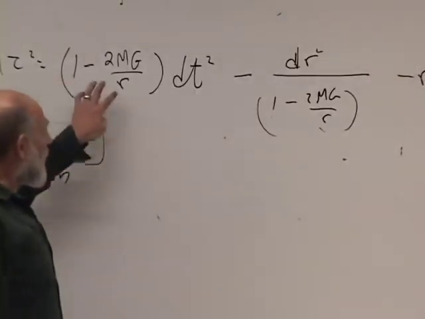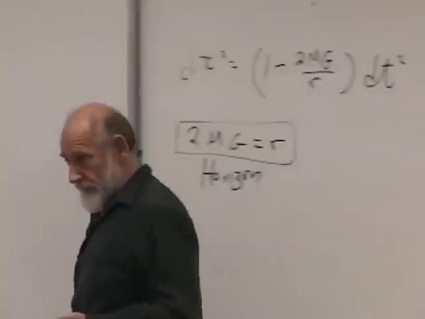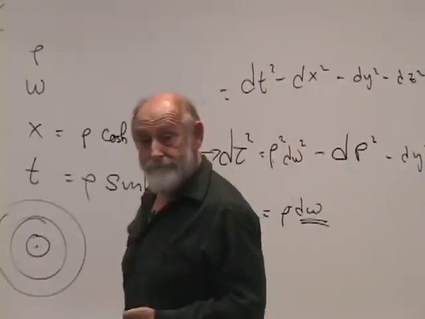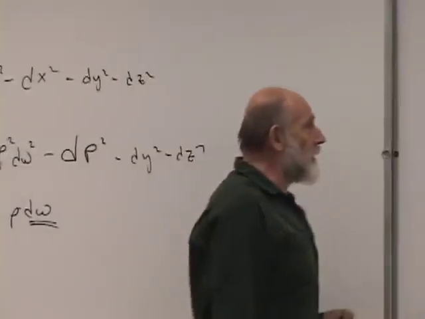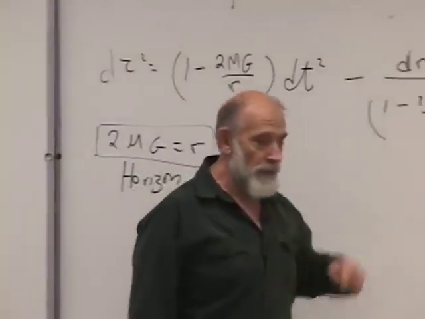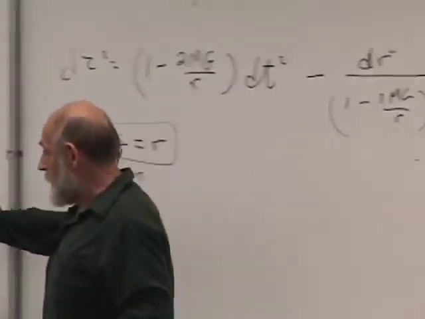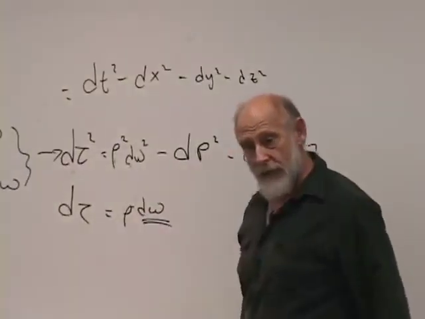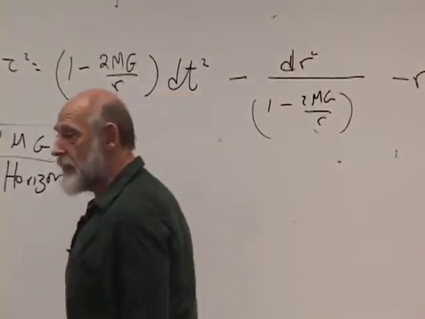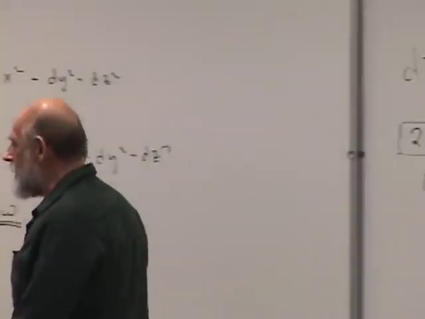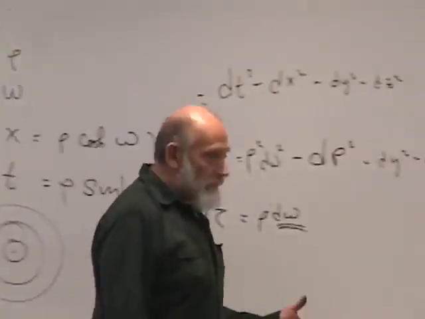And even worse than going to 0, the coefficient of dr squared becomes infinite. All right. So it looks like there's something nasty going on at r equals 2mg. Well, if not from this term over here, which is doing something fairly similar to what's going on over here, the dr squared term is blowing up in our face. So from one point of view, that sounds like there's something nasty there. We'll see that there isn't.